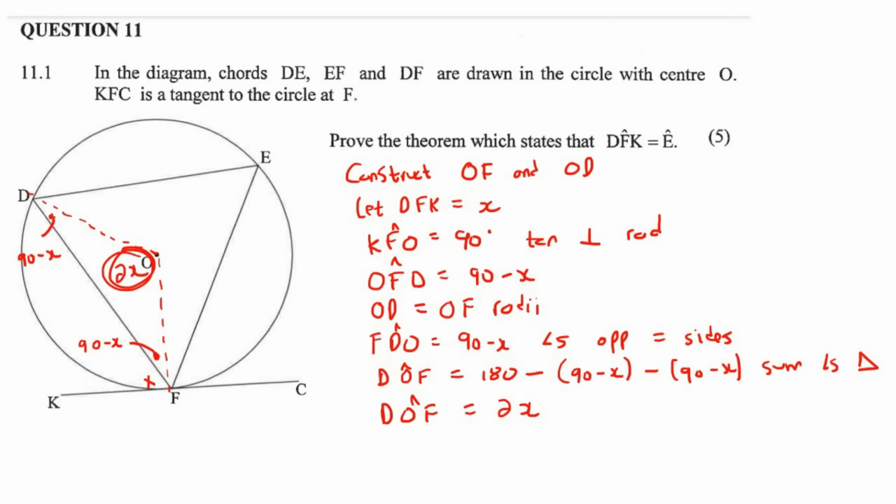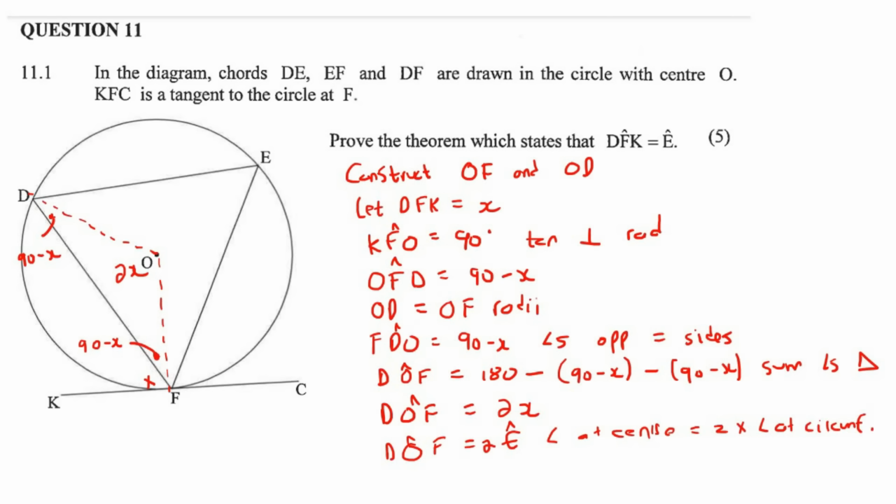Now we know that this angle is always double this angle, just because of angle at center is 2 times the angle at circumference. So we can say that angle DOF is 2 times angle E, because of angle at center equals 2 times angle at circumference.